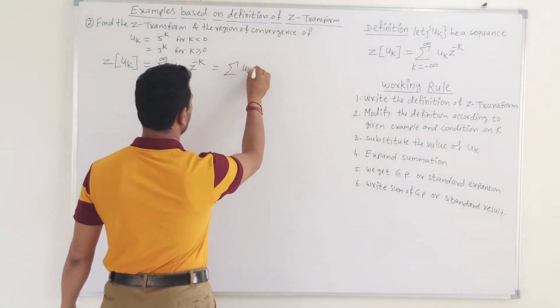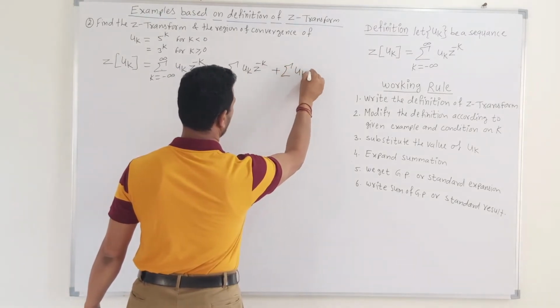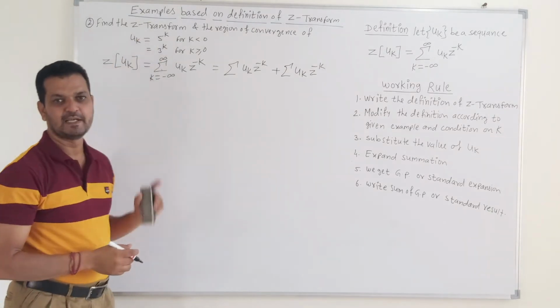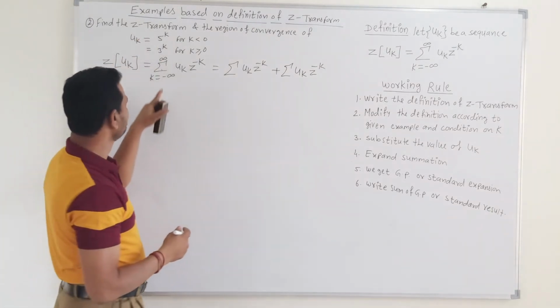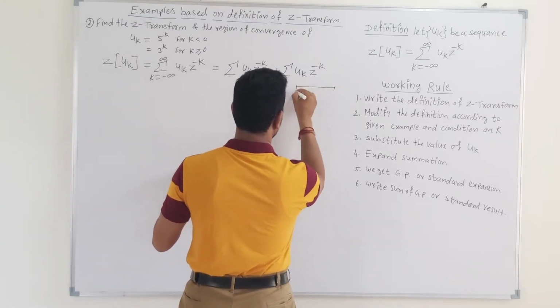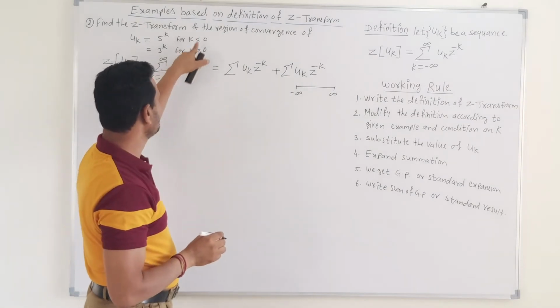So this is uk z raised to minus k, and a second summation is uk z raised to minus k, because this given example is split into the two parts. Now here, the condition on k: this total interval is minus infinity to plus infinity, but this interval is split into the two parts.